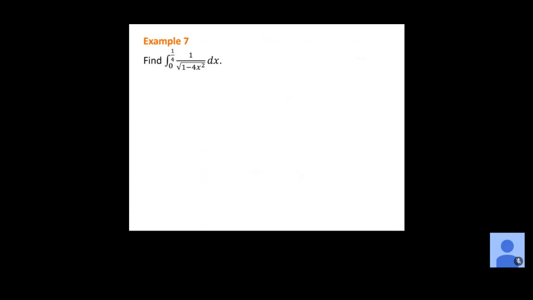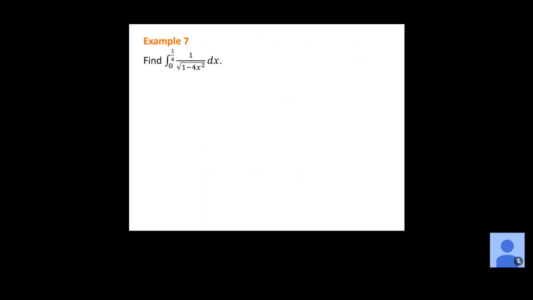All right, so let's see if we can evaluate this integral here from 0 to 1/4 of 1 over the square root of 1 minus 4x squared. All right, now looking at this one, is this in a form where we can just find the antiderivative?